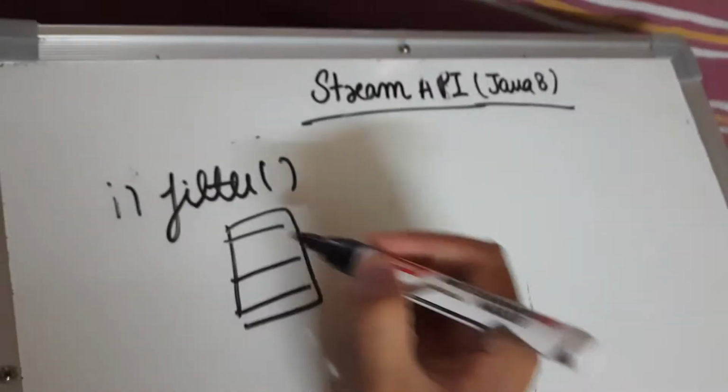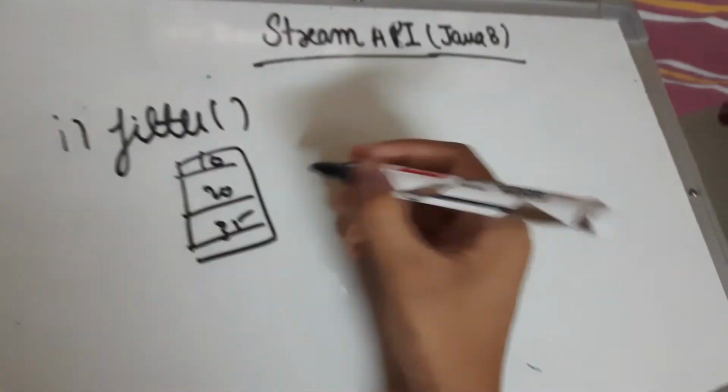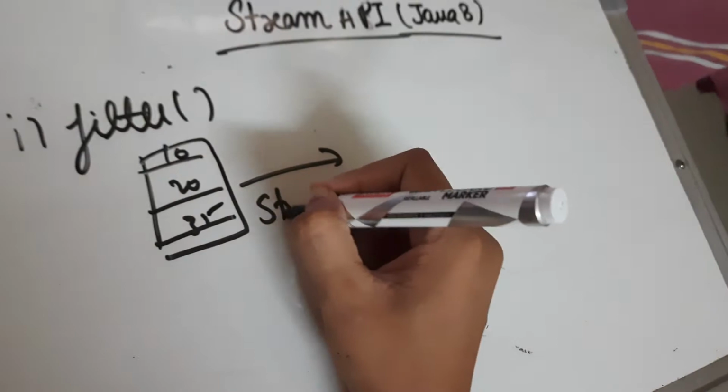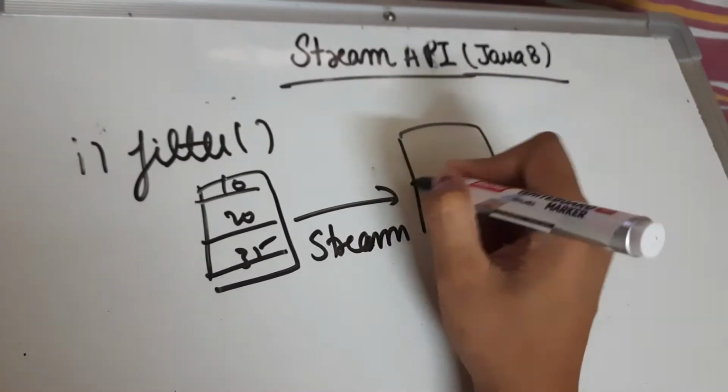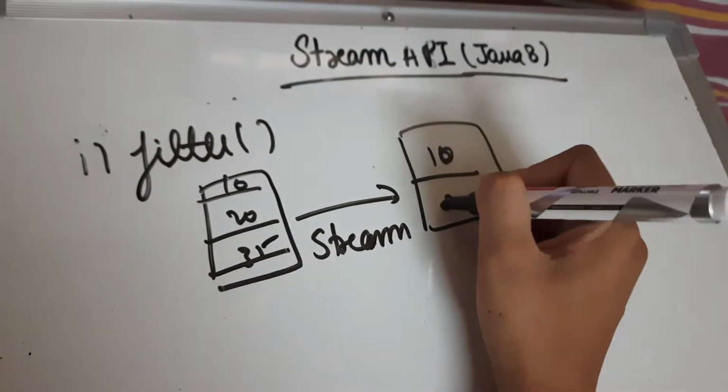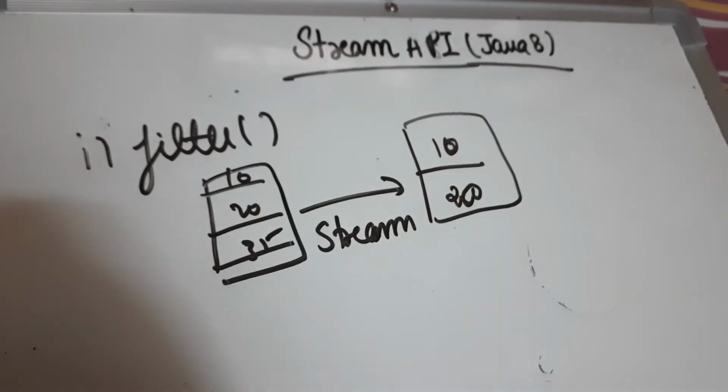So for example, I have just 20, 30, 35. Now I'll call the stream API and extract those even numbers from this list. How can we do this?